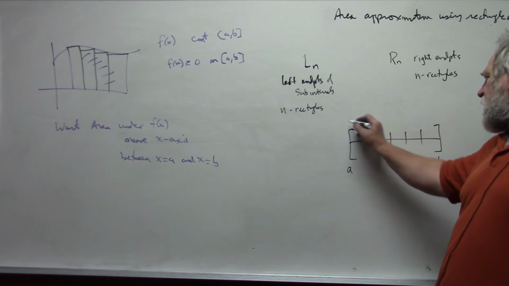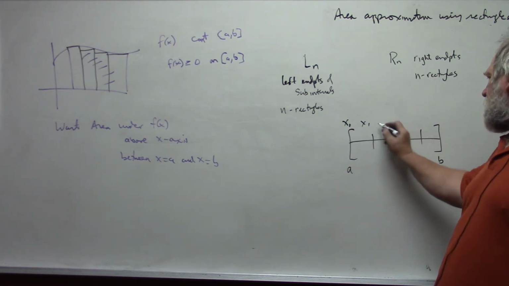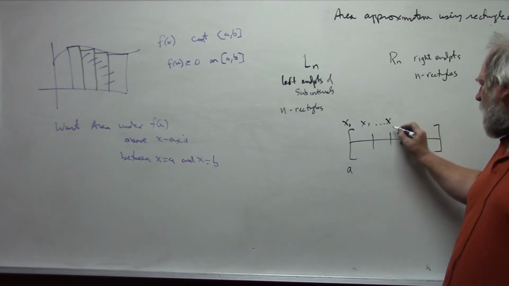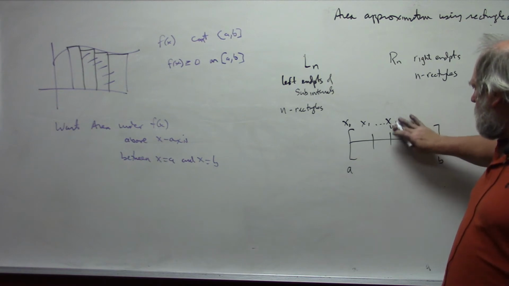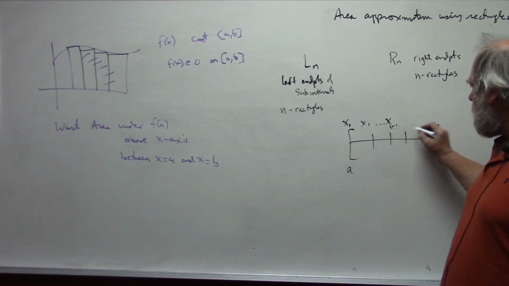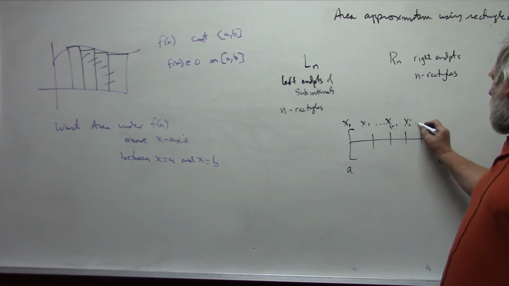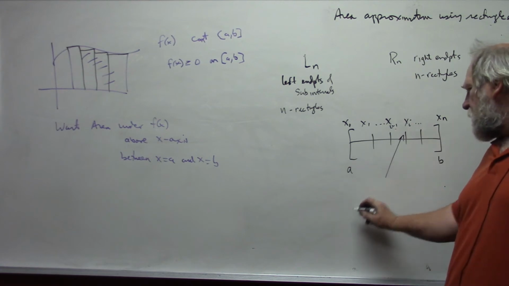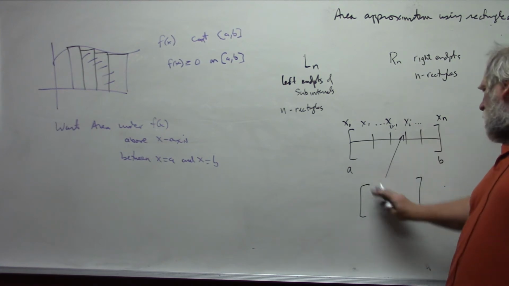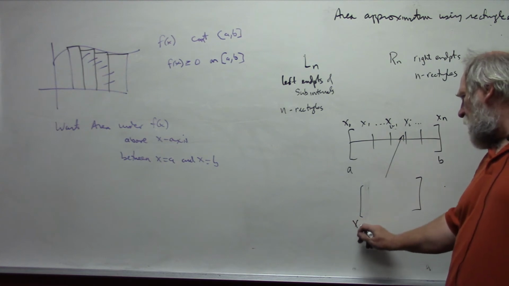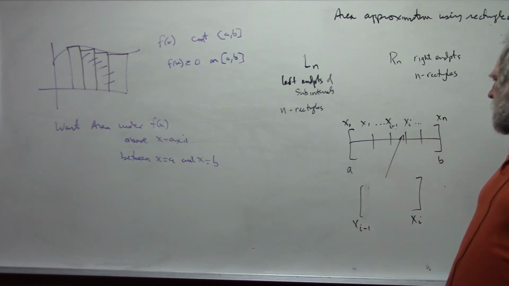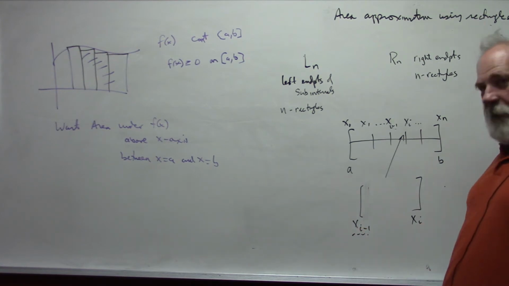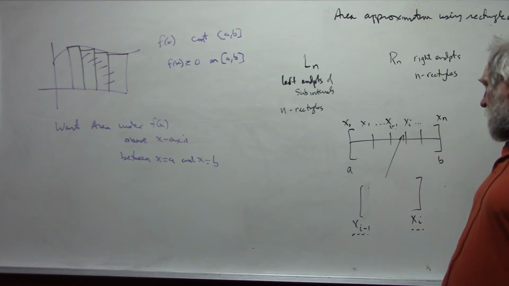And so I will label this as x0, x1, etc. We have a general interval in the middle, which is x sub i minus 1 to x sub i, and then this is x sub n on this side. So this interval here is blowing that up, x sub i minus 1 to x sub i. And if we want to use the left-hand endpoint, I'm always talking about x sub i minus 1. If I'm using the right-hand endpoints, it's x sub i.